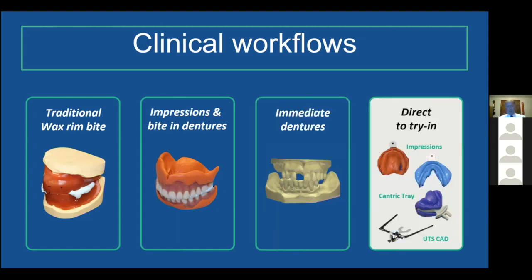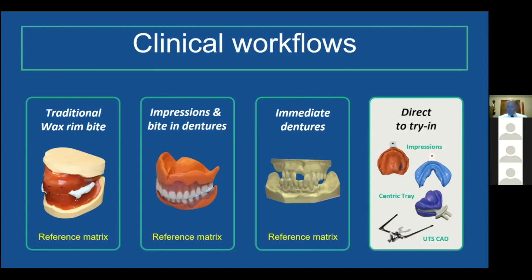Lastly, and this is where we're going to get into a little detail, is our direct to try-in. And this is a great workflow. It differs very distinctly from the other workflows, because the other workflows have a reference matrix with them. You've got the wax rim that's scanned in. It gives the design technician a guide for where to start.